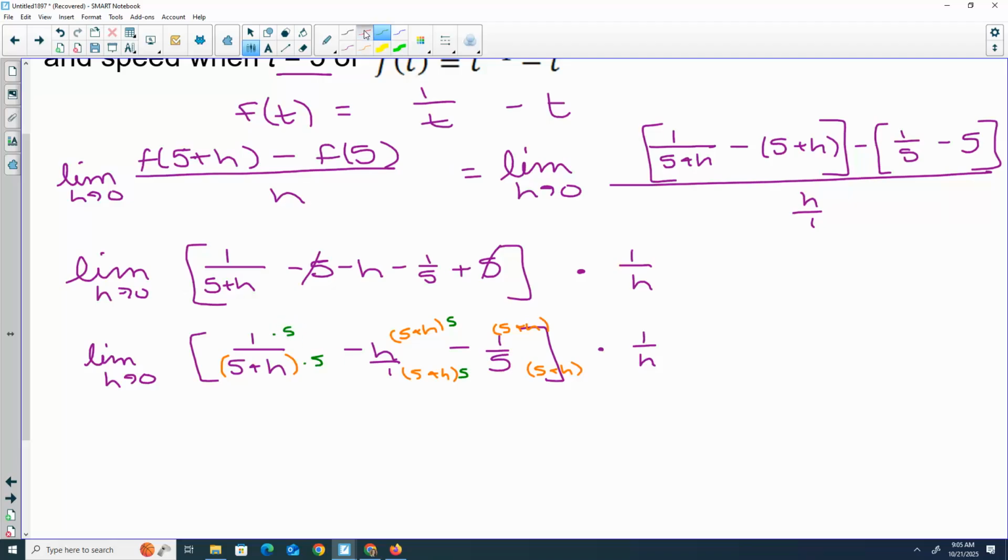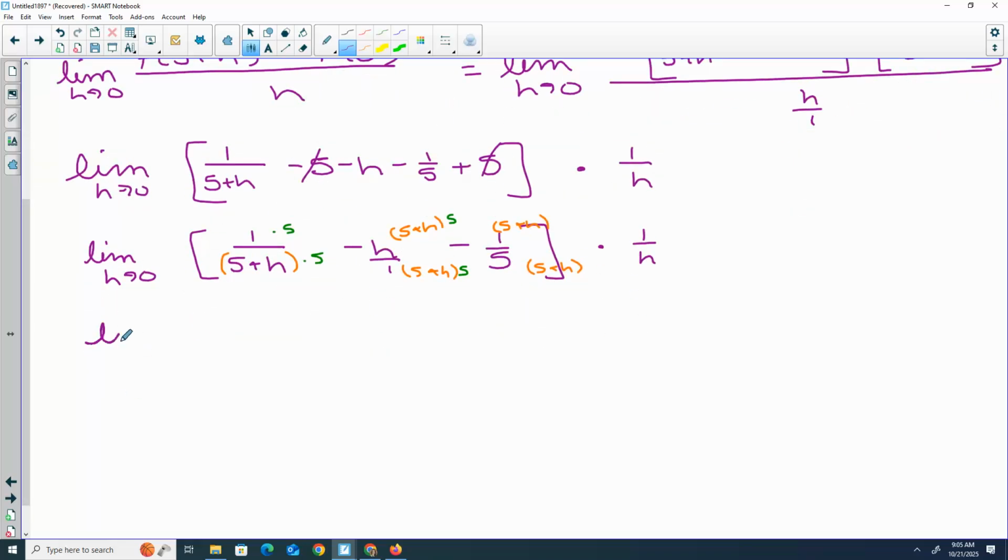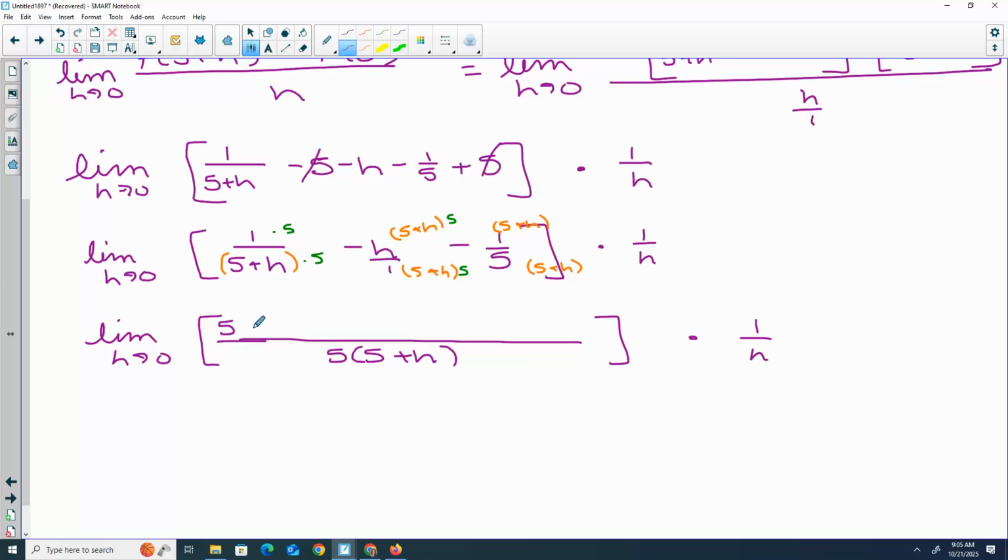So I'm getting a common denominator between all of those. So if I do that, I get 5. If I distribute my negative h to that, that would be a minus 5h.